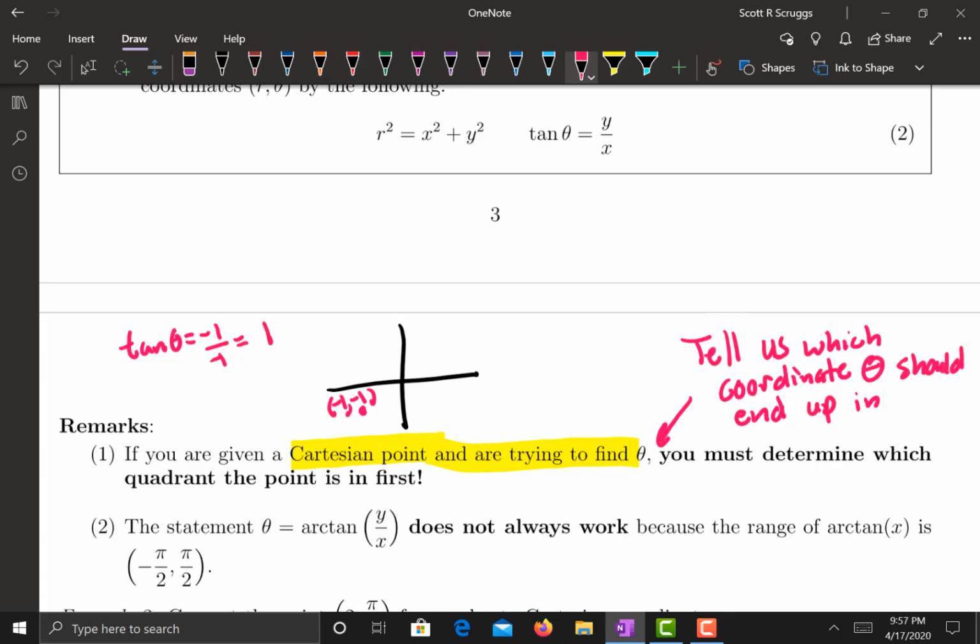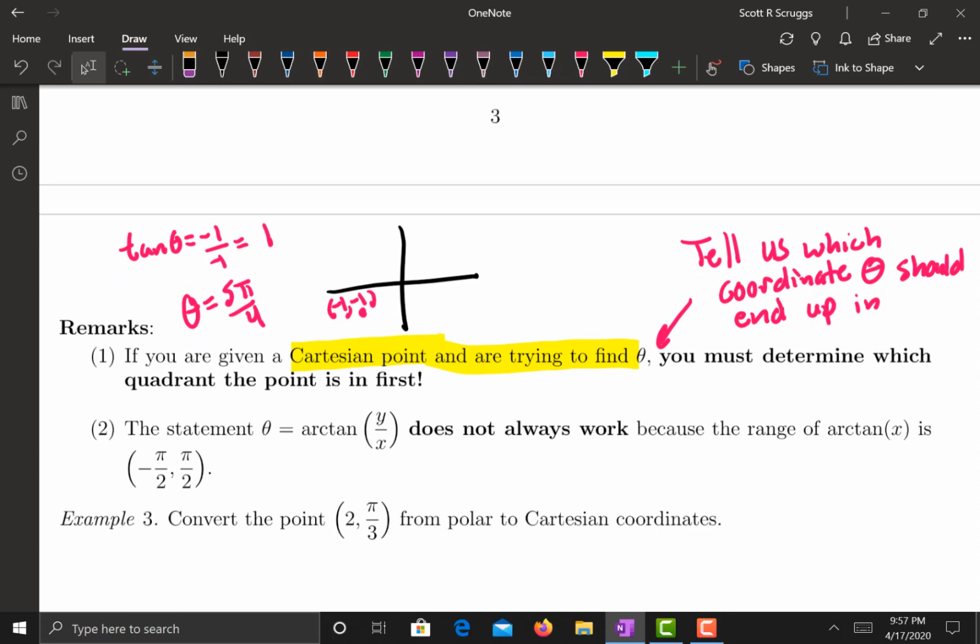To avoid that ambiguity, because I know a priori that my Cartesian point lands in the third quadrant, that means my angle is going to land in the third quadrant, and so I'm going to choose 5 pi/4 for my angular coordinate.